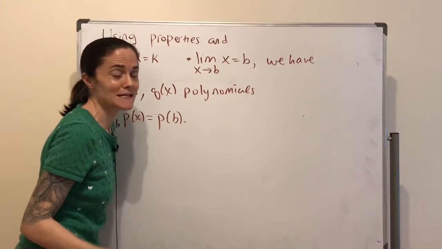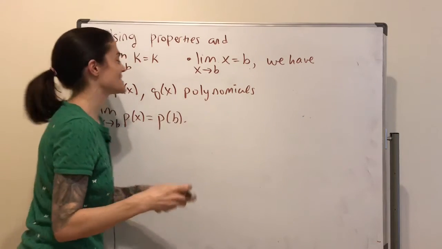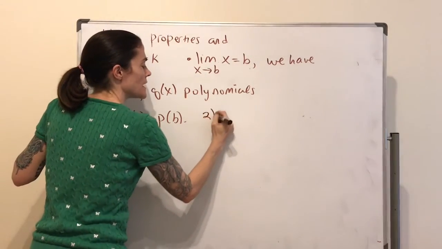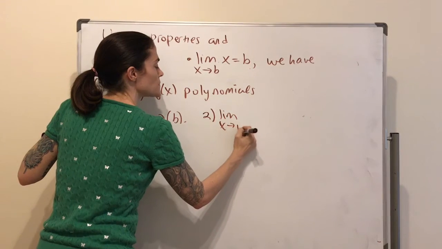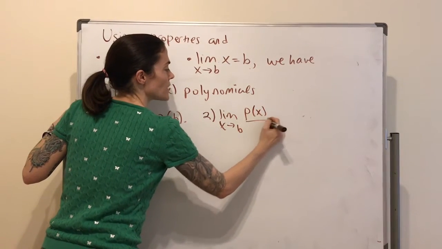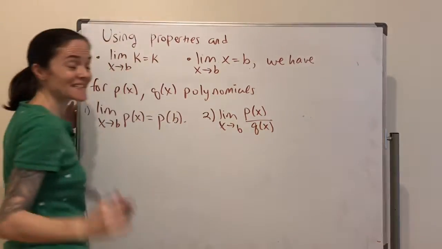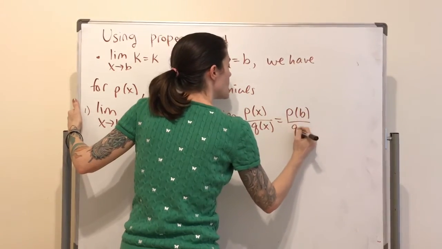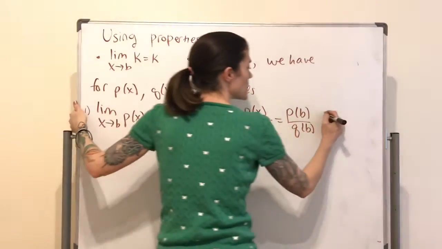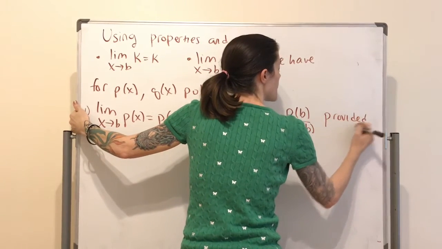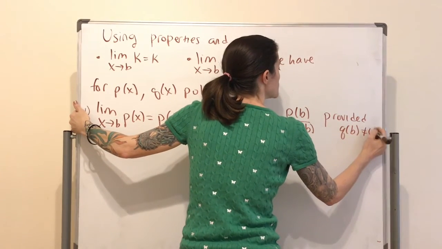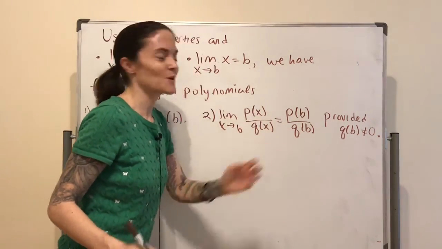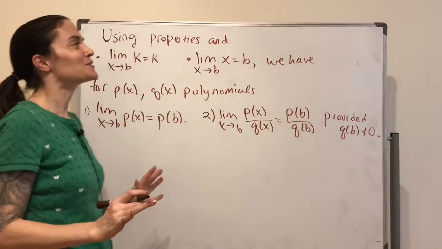And then we had properties about sums, differences, and products. Okay, and so 1, and then 2, if we take the limit as x approaches b of this rational function, where you take p of x divided by q of x, again, we can just evaluate. But this is provided that q of b is not equal to 0. And as I mentioned, we will do many where q of b equals 0. We'll have to figure out how to approach that type.